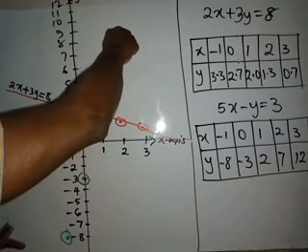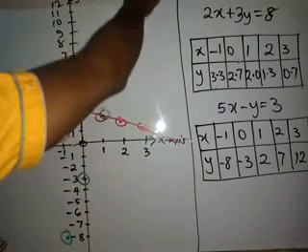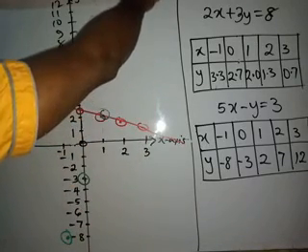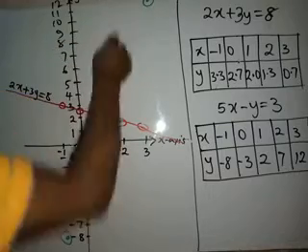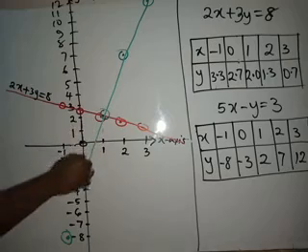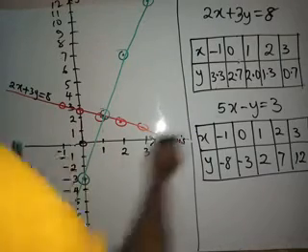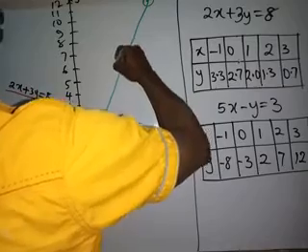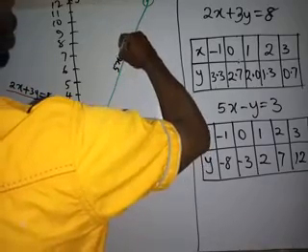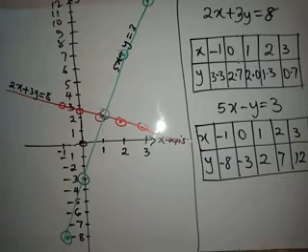And when x is 3, y is 12. So I'll just join all of this together. Join it and label it the equation 5x minus y equals 3.